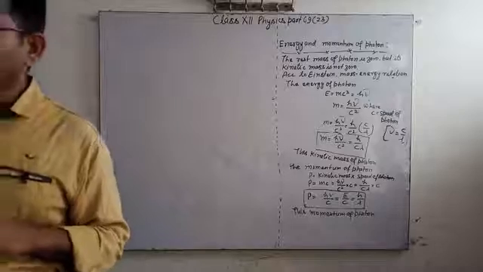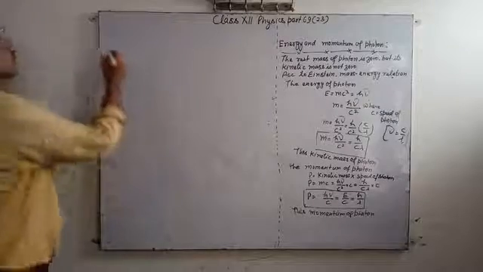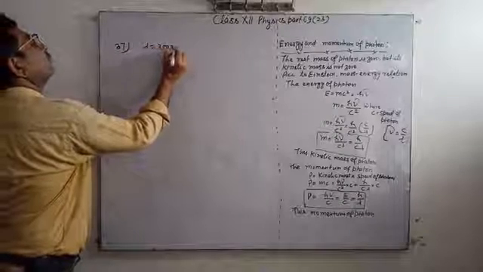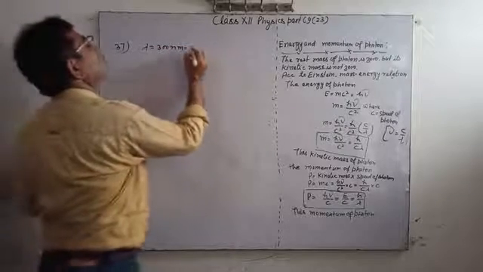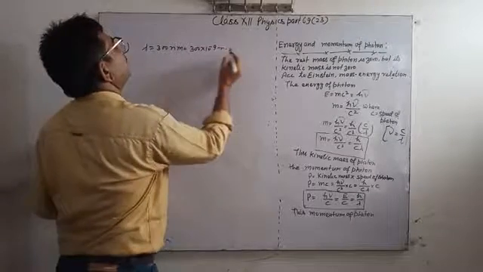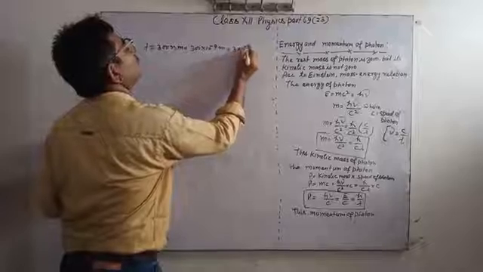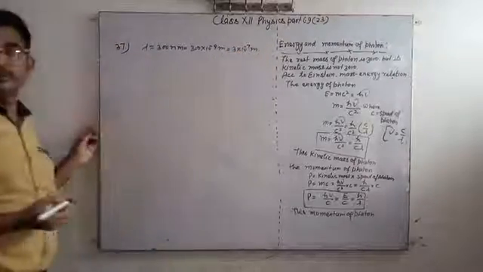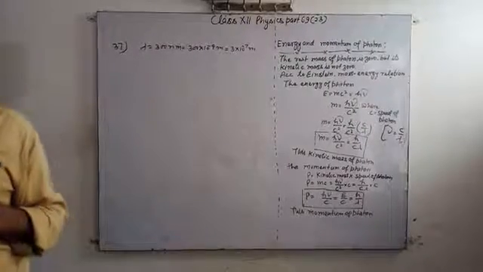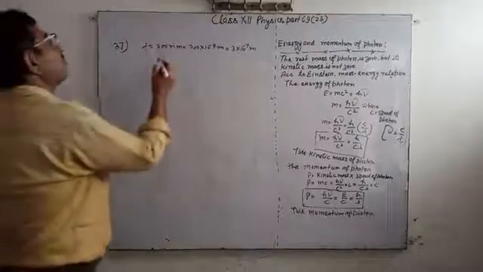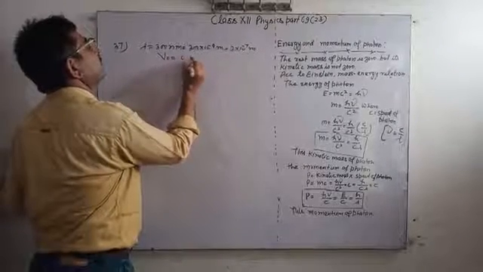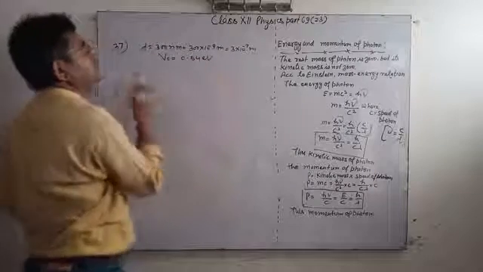Listen carefully. The wavelength given, 300 nanometer, you can write 300 into 10 power minus 9 meter, and it may be written like this, 3 into 10 power minus 7 meter in SI unit. Incident on a metal surface, a negative potential that stops the emission is known as stopping potential, that is given 0.54 electron volt.